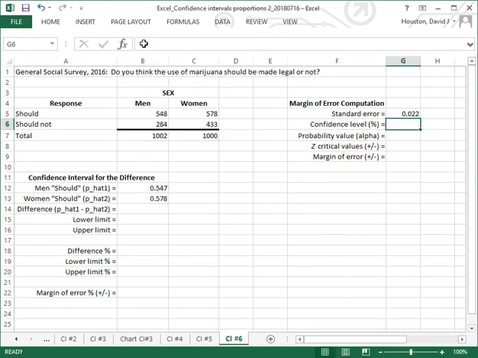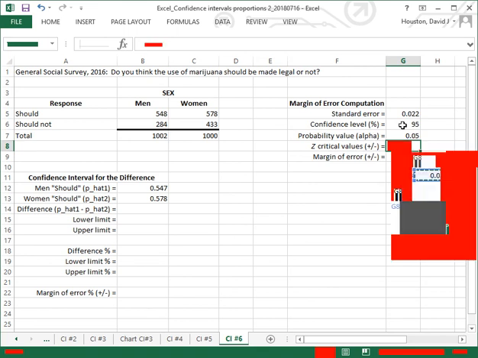And we see a standard error of 0.022. Let's again stick with our standard 95% confidence level. The probability value is going to be 1 minus, and I'll put in parentheses here, 95 divided by 100. Parentheses aren't necessary there, but I'll just do that in this case. Now I'll use the NORM.S.INV function in Excel to find the critical values associated with the 95% confidence interval from the standard normal curve.